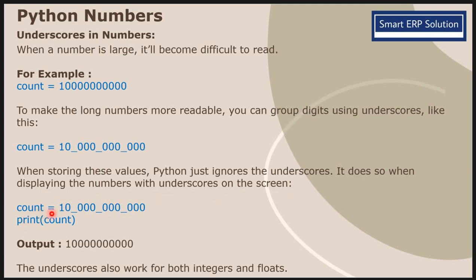If you write count equals 10 underscore 000 underscore 000 underscore 000, and then print count, it will be displayed in this way. So Python ignores the underscore. The underscores also work for both integers and floats.